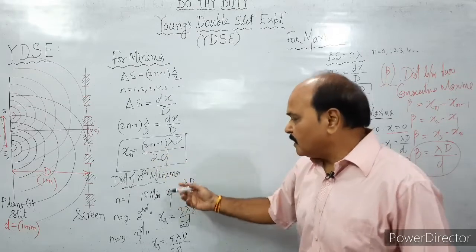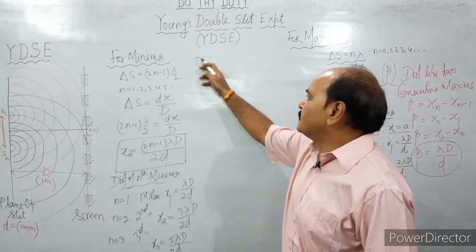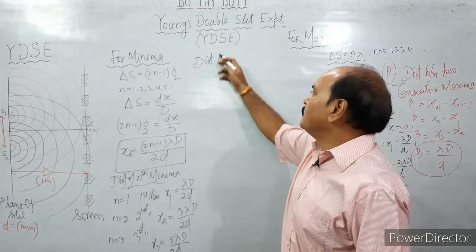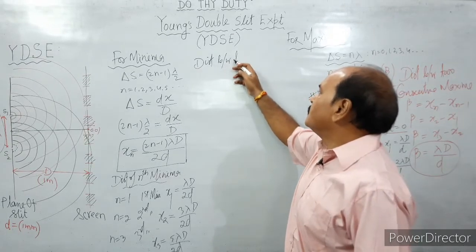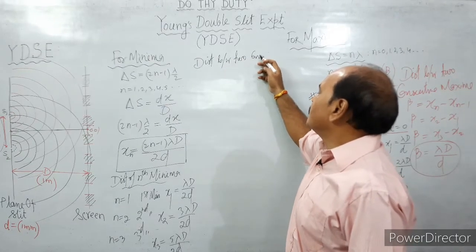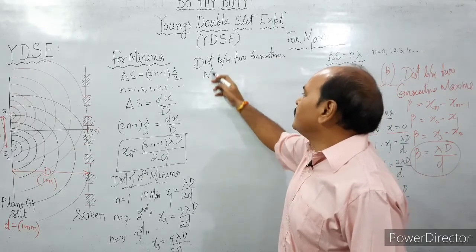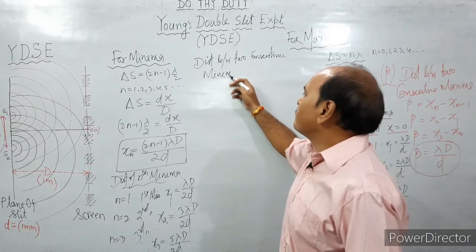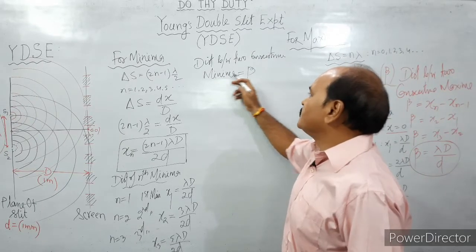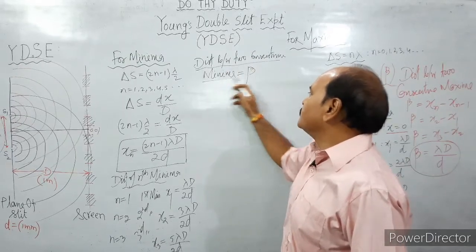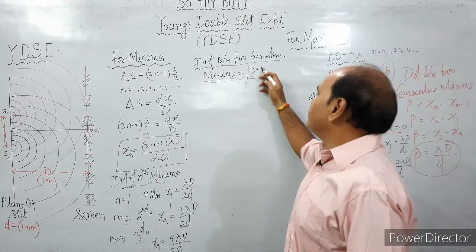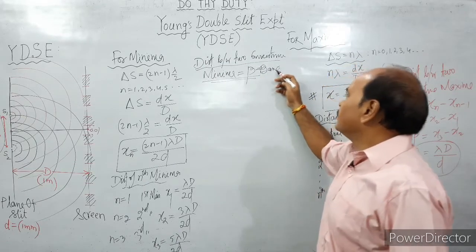So we can very clearly see here also the distance between two consecutive minimas. This distance is also called bandwidth, B-A-N-D, bandwidth.